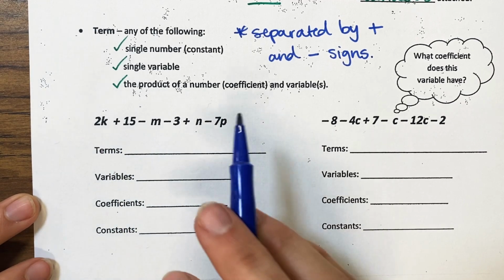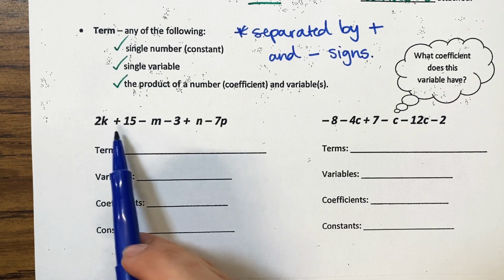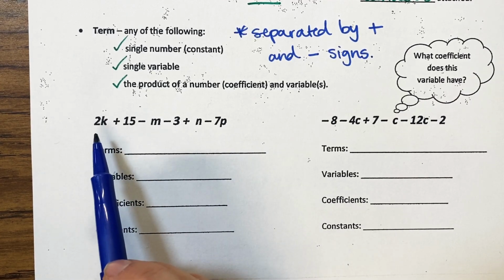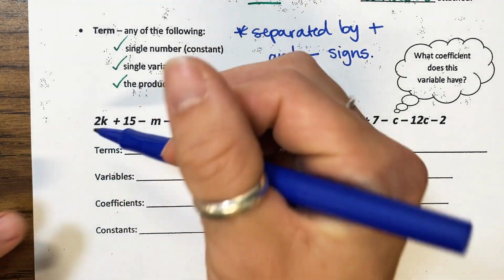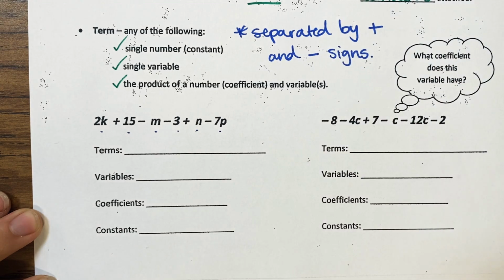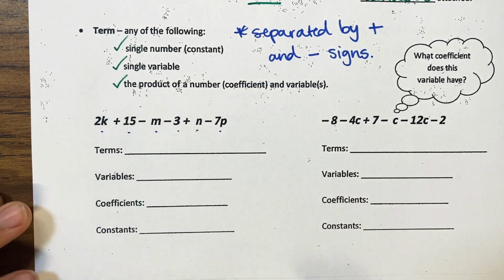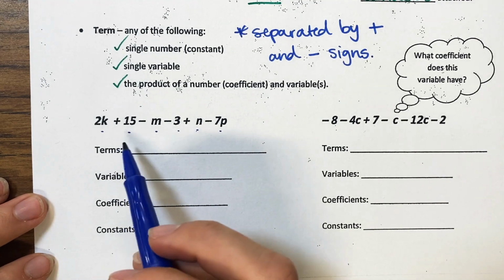This is our expression. So first of all, how many terms do we see? Remember, they're separated by addition and subtraction signs. So how many terms do we see? I see 1, 2, 3, 4, 5, and 6. Okay, so 6 terms in this first expression. Okay, well, let's list these terms out.